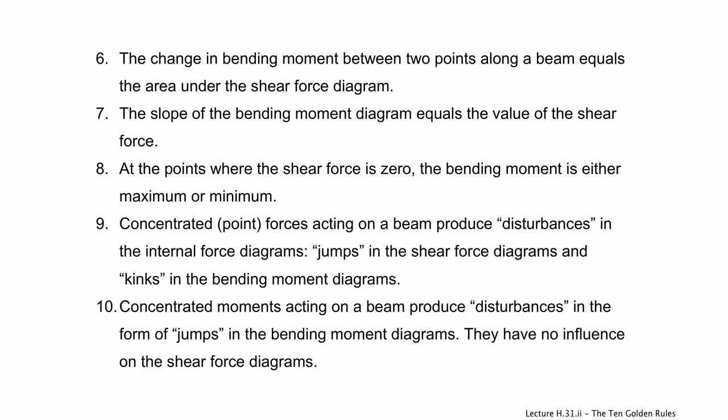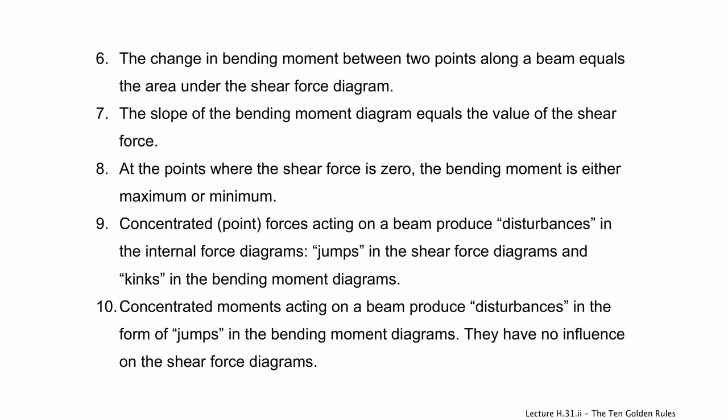Of course, it will be a local maximum or minimum, but somewhere along the beam you will have a real maximum value, either positive or negative, and that you will see later on is very important for designing the beam against failing in flexure.